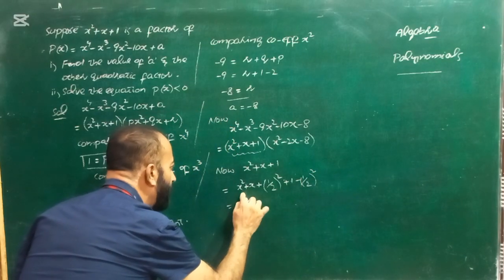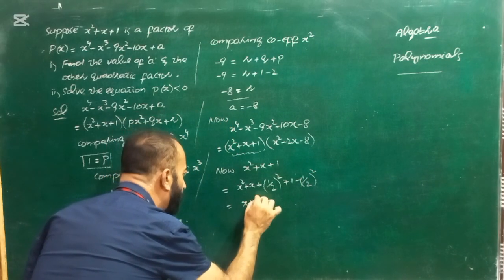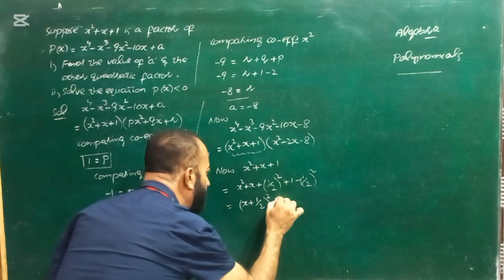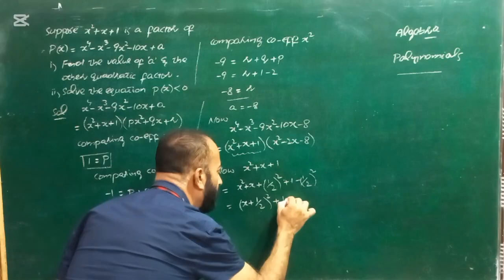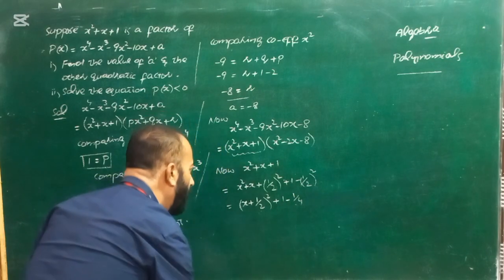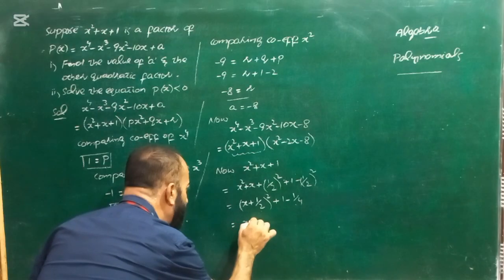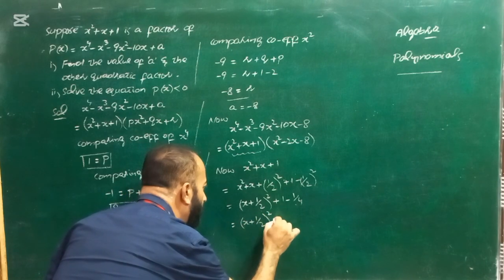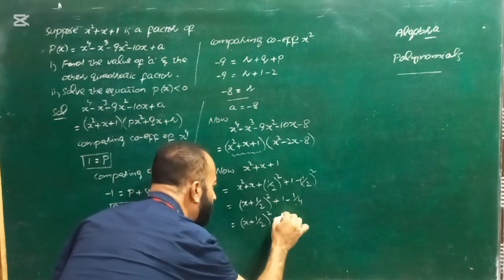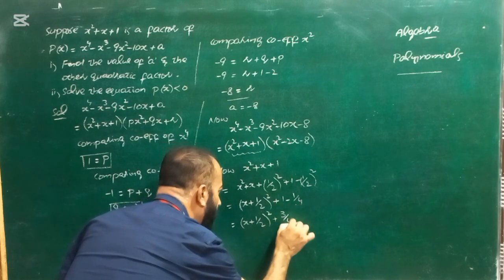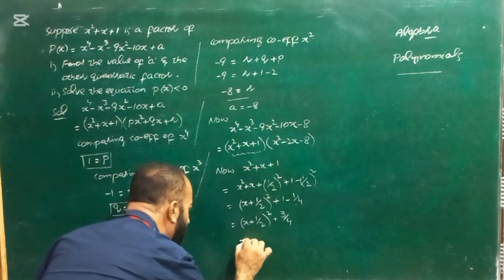Okay, from here you can see this will make x plus 1 by 2 whole square, and from here it will make 1 minus 1 by 4. Okay, x plus 1 by 2 whole square plus 4 minus 1, 3 by 4. So this is positive.